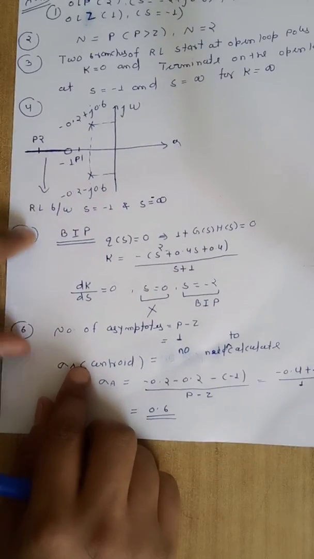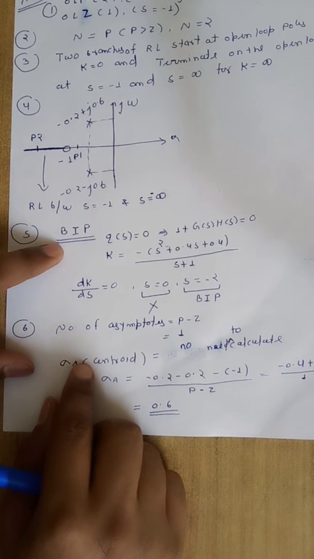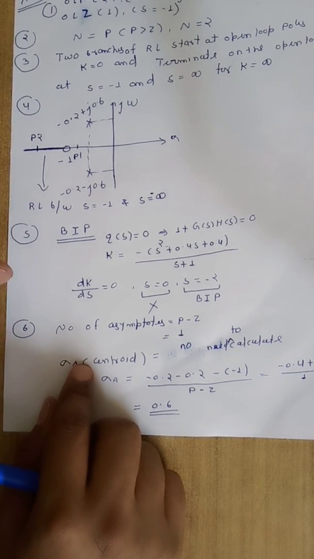In the fifth step, we will calculate the break in point, because here we don't have two successive poles on the real axis. So we can say we don't have a break away point.